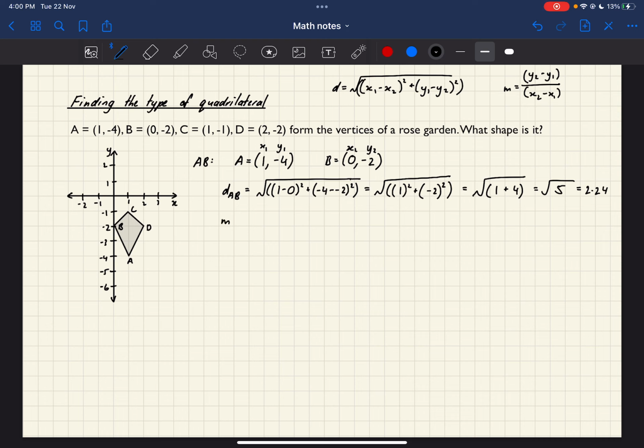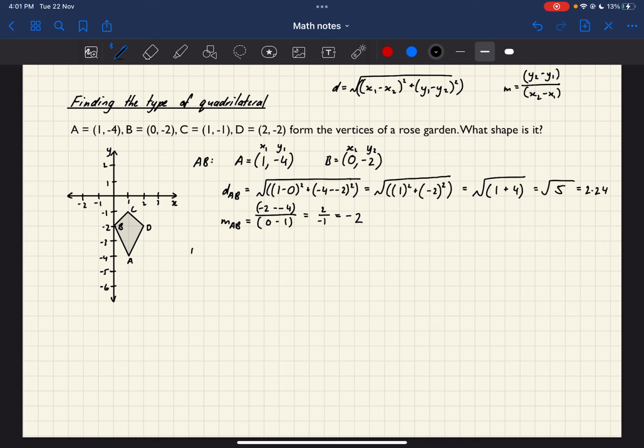Then we've got to find the gradient. y2 minus y1, so that's -2 minus -4, over x2 minus x1. So that gives us 2 over -1, which gives us -2. So there's a gradient of -2 there.